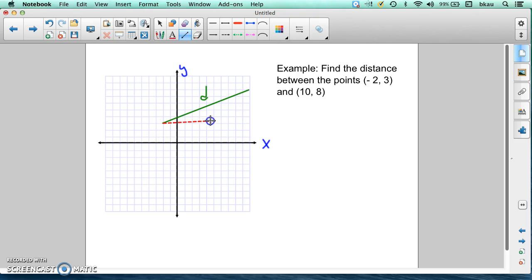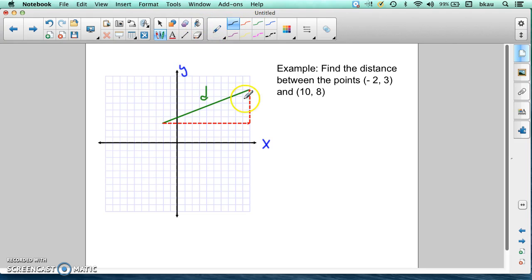So this is our distance this way, horizontally, and then we have a vertical distance going up to there. So that's going to be the two distances that are going to be related. Our x2 minus x1 is going to be this side, and y2 minus y1 is going to be this side of our picture. So using the formula, though, we can just write that out.